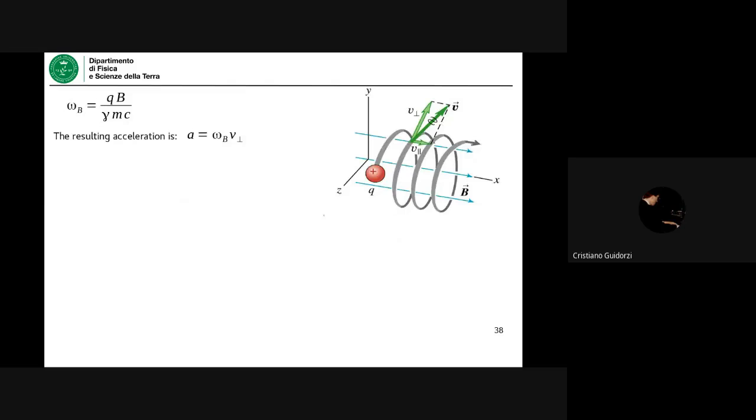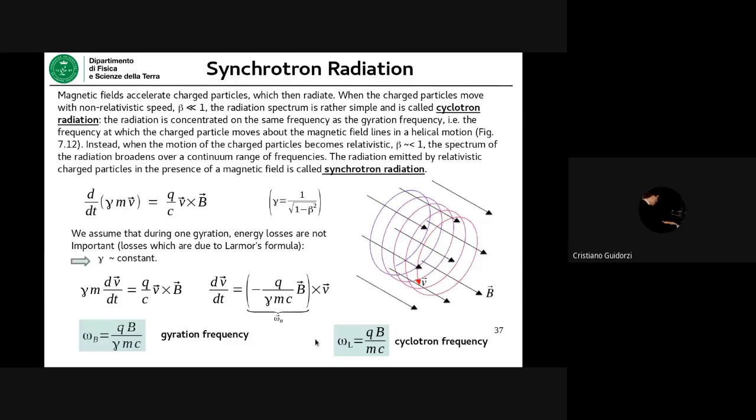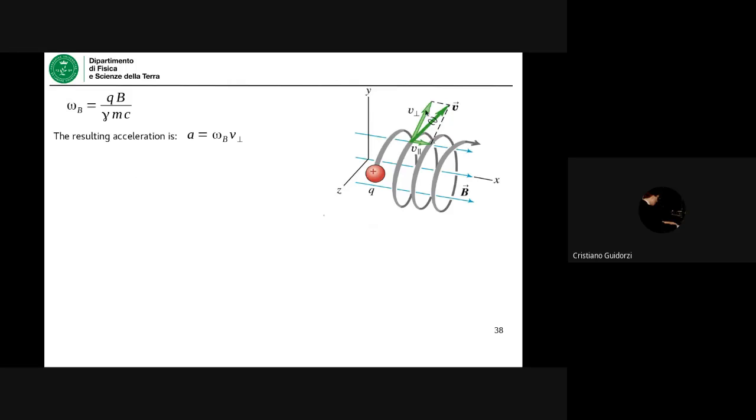So, having defined the Larmor or gyration frequency, taking into account the possibility of an ultra-relativistic electron, you immediately see that the modulus of the acceleration, getting back to the vector product, is just the product of the two magnitudes times the sine of the angle between them, which here in terms of vectors is this angle.